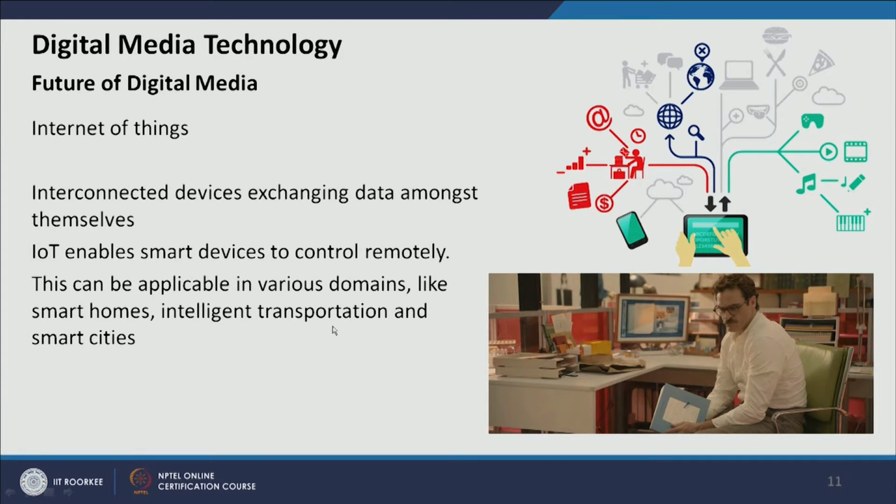It's connecting our day-to-day objects, and it's not just connecting some digital devices together. It's connecting all the appliances, and it perceives that all the appliances will be smart appliances, and they will communicate with each other in terms of exchanging data and reading their data, and there will be a kind of machine learning happening in terms of processing the data and acting accordingly.